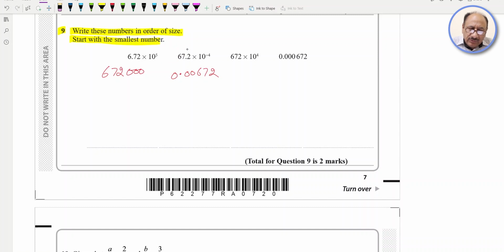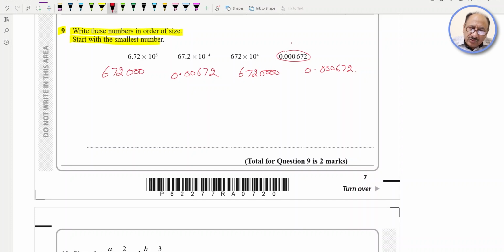This will be the number in form of decimal, and this one we can write 672, and this will be 1, 2, 3 and 4 zeros, and this is already in the same format which we are looking for. Now we can compare all these, and the first smallest will be this one if we compare the decimals.